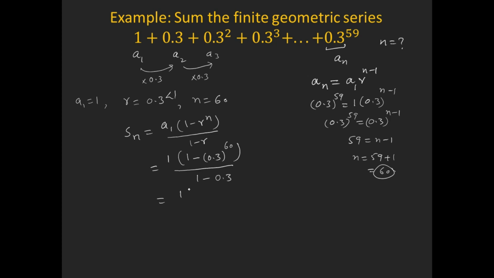So 1 multiplied by (1 minus 0.3 power 60) in brackets, and then divided by 1 minus 0.3, which is 0.7. Now we will calculate this by calculator, and the answer is 1.42857. So this is the answer.